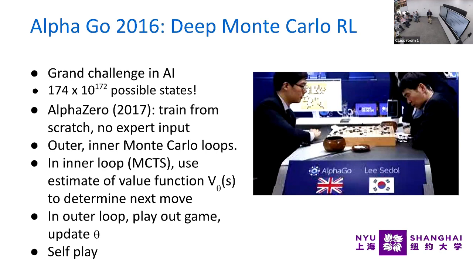Without getting into the details, you use stochastic gradient descent to modify theta and move it in the direction that improves your estimate of the V function. So there are two loops. On the outer loop, we play entire games and then improve our estimate of the value function. On the inner loop, as we're playing the game, we use Monte Carlo tree search to do this kind of planning strategy.